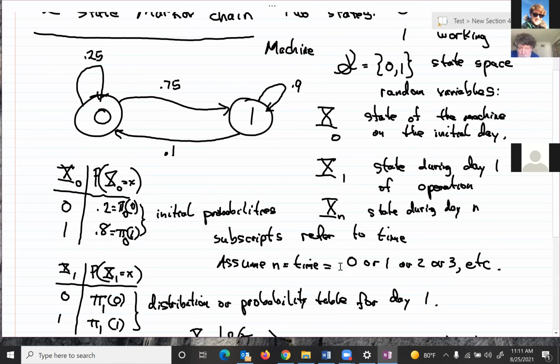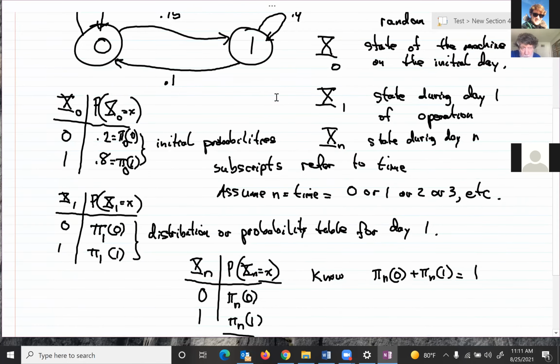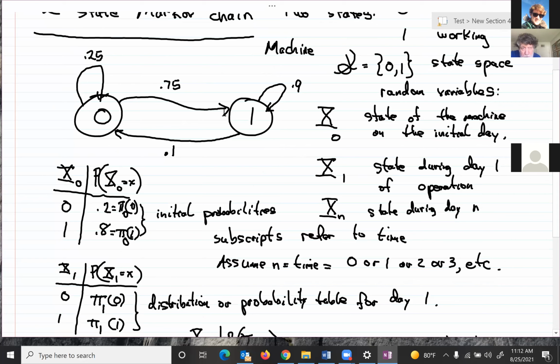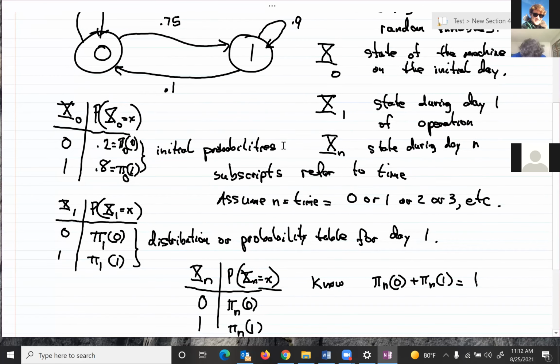Now, we've already said there are these probabilities of going from broken to working and working back and so forth. So we want to give names to those as well. This we call the initial probability. So that's the probability from the very starting time, 0.